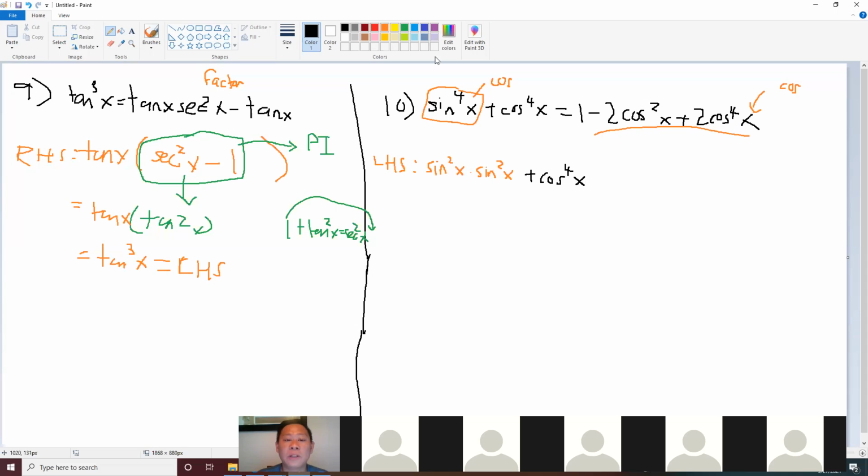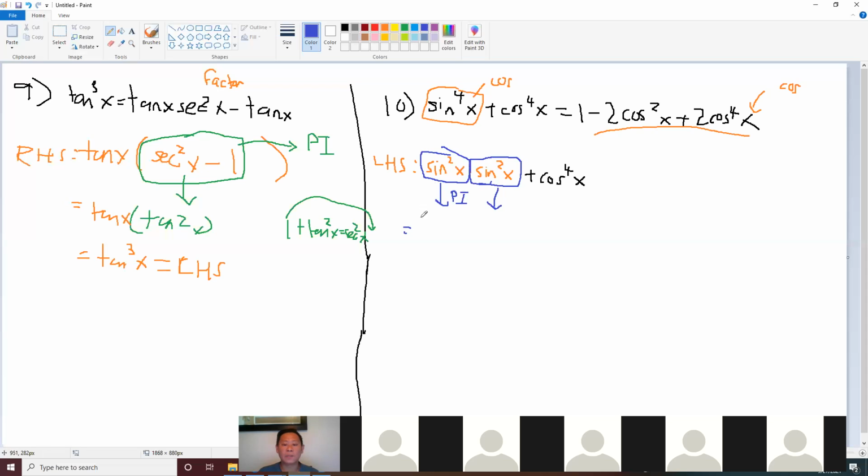So we change the sine 4x to sine squared times sine squared, so that when you multiply, you get power 4. With the sine square, you can use your Pythagorean identity. We cannot use Pythagorean for power 4, but for power 2 we can. So power 4 we can break into two power 2s.